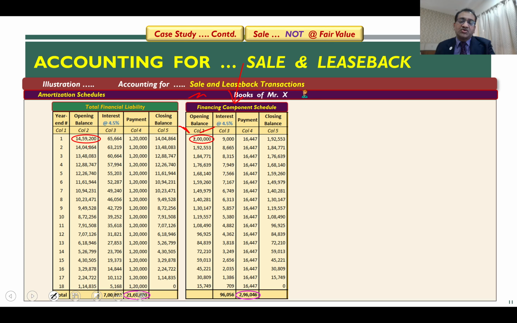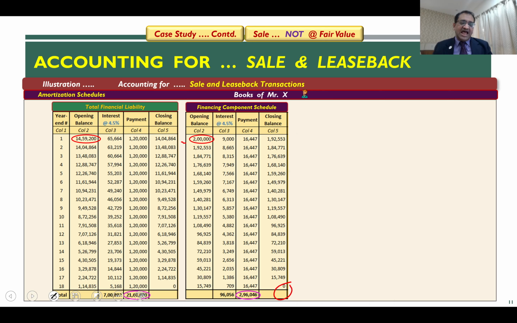You will continue to use the same 4.5%, and this is the amount which we computed in the last slide, a split of 1,20,000. That split, this 14,447, relates to the financing component as we saw in the last slide. That amount is the payment in respect of this financing arrangement, and with the same calculation, by the end of the 18th year this funding will become 0.